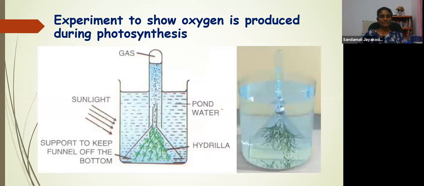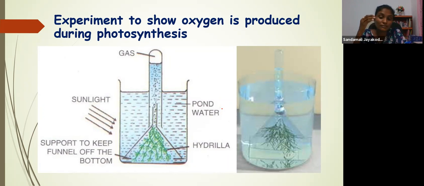This is that setup. Here what we have to do is take some pondweed. Pondweed means maybe hydrilla, vallisneria, whatever aquatic plant we have. Here it is mentioned as an aquatic plant.